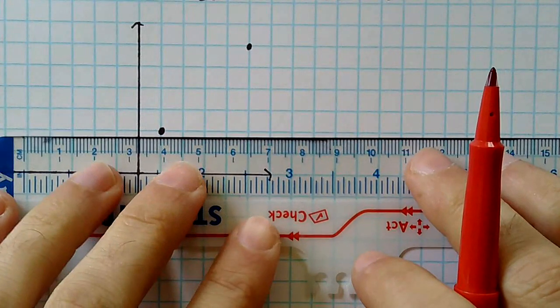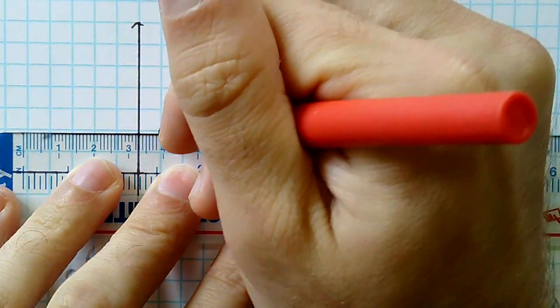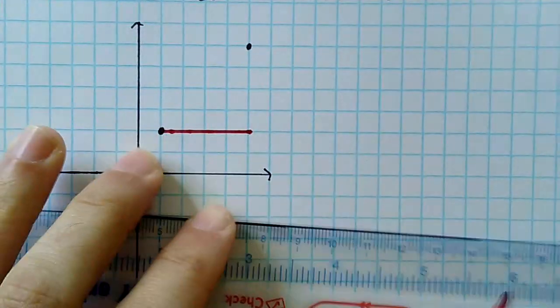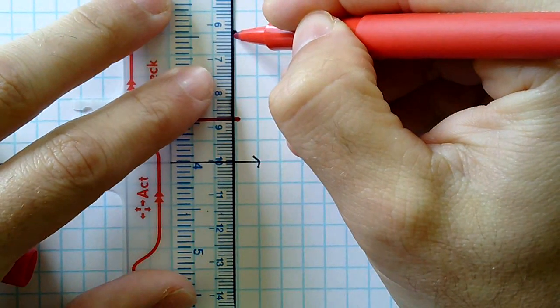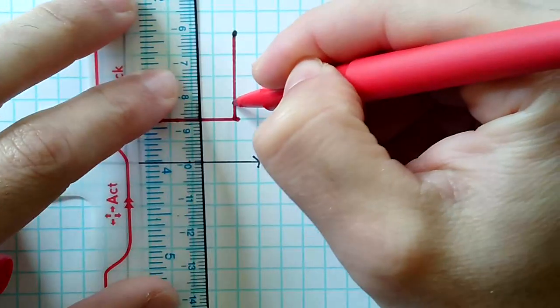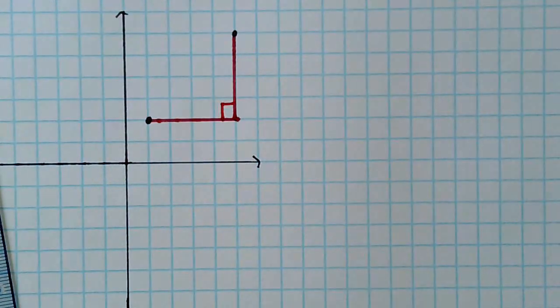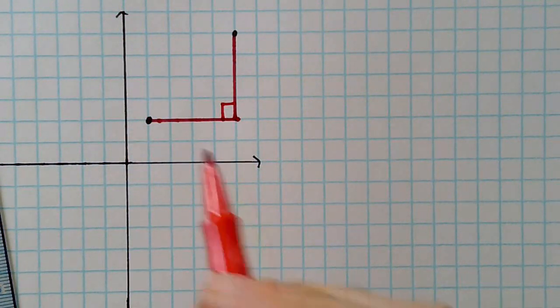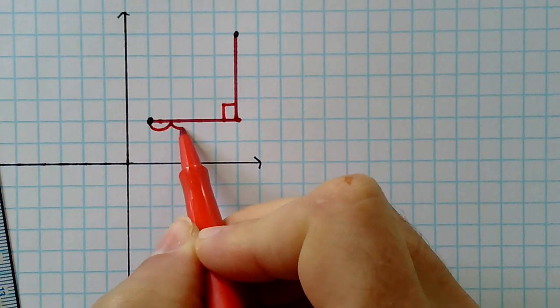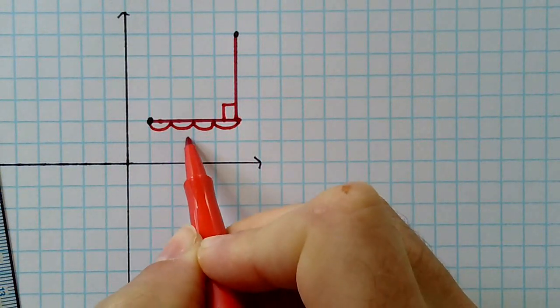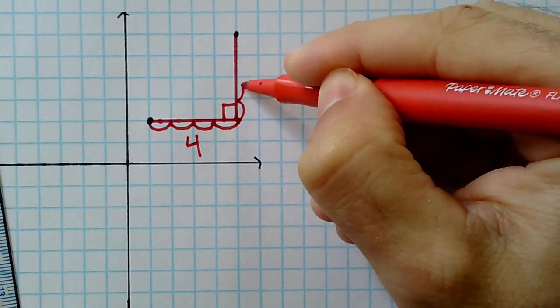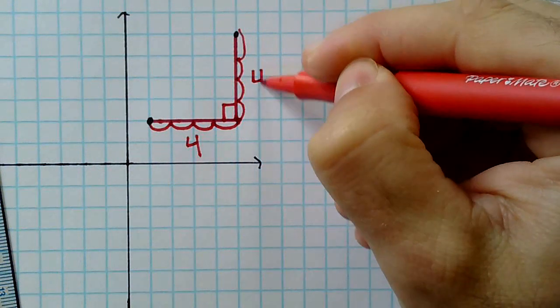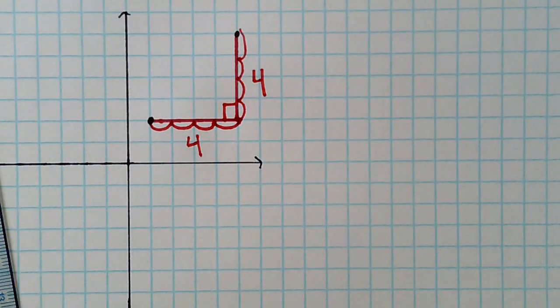So I'm going to draw 2 legs that form a right triangle, and I know they form a right triangle based on my coordinate grid. I have my right angle here. If I have 2 legs, I need to know the units of each leg. It's 1, 2, 3, 4. So I have a leg of 4, and then another leg of 1, 2, 3, 4. In this case, both are the same distance.